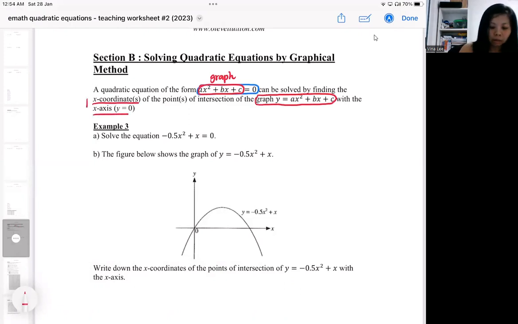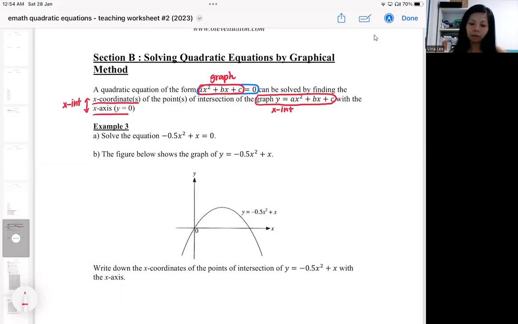In other words, it is the x-intercept. So the x-intercept of the graph will be the answer to the quadratic equation.